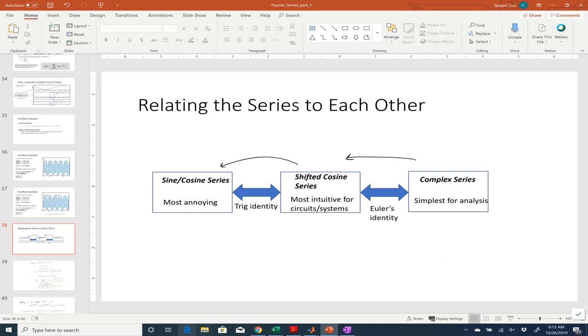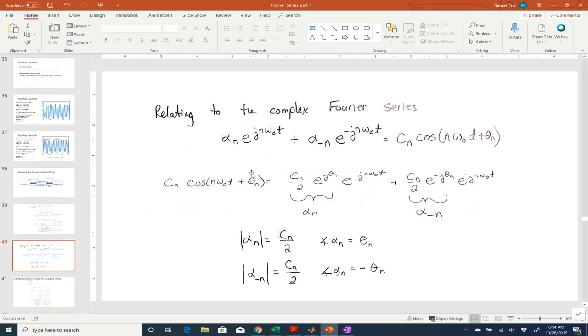All right, so I showed previously that I could use Euler's identity to represent the complex series and relate it to the shifted cosine version. So we have basically gone through this formula before.